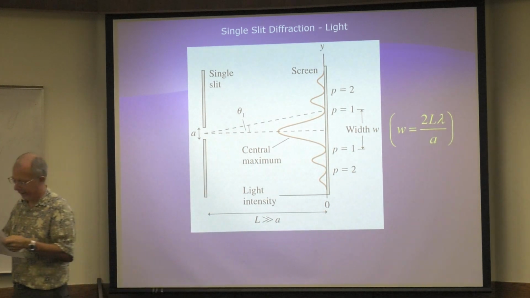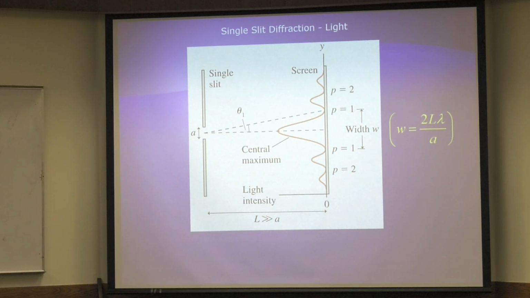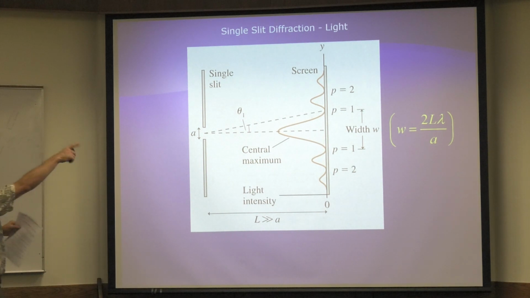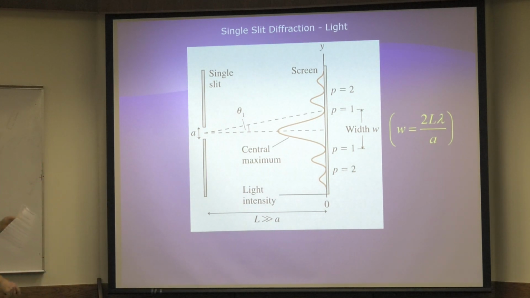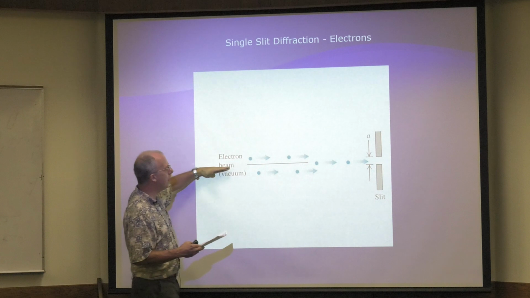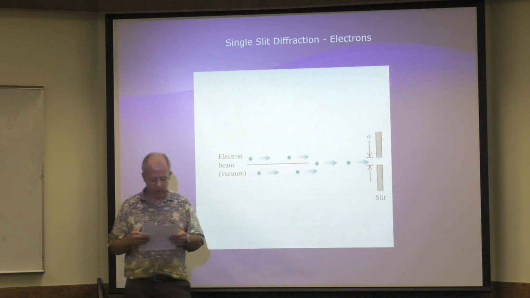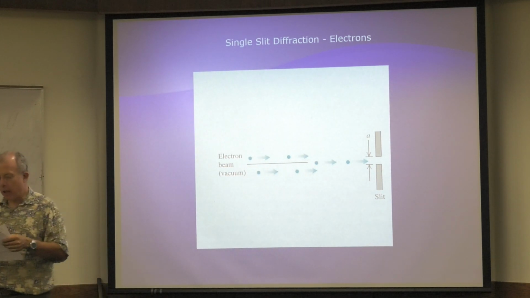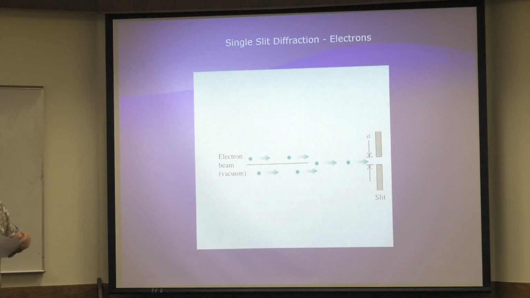All right? Great. Now, this was with light that we discussed in gory detail. What we want to do now is do this experiment with an electron beam. It's going to be a narrow beam of electrons, and they have similar initial states, okay? Nearly the same speed and direction. Notice I said nearly.